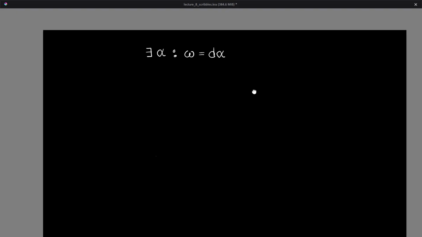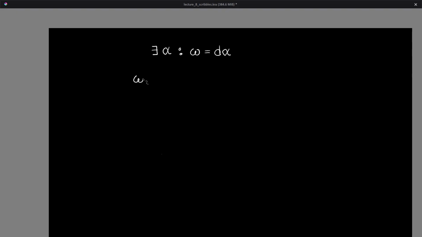The next thing that we have to define are exact forms, which refer to the other equation: there must exist an alpha such that omega is equal to the exterior derivative of that alpha. So what does this mean? Well, first of all, we say that omega is a K form.